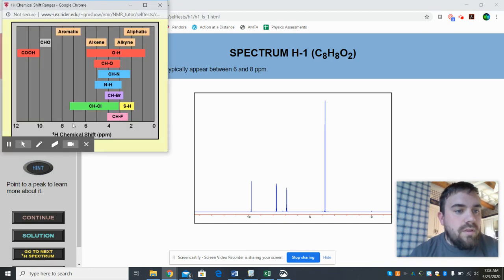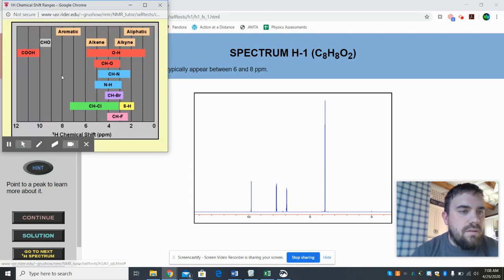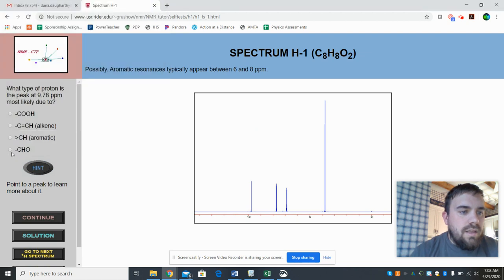Oh, aromatic. So click that. It says possibly, continue. 9.78, look at here. That's an aldehyde. That is definitely an aldehyde. So we select this guy, continue.